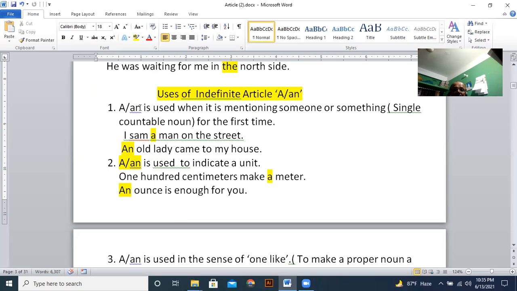A or an is used when mentioning someone or something, basically a singular countable noun. If you find a singular countable noun, then before that countable noun you have to use a or an.